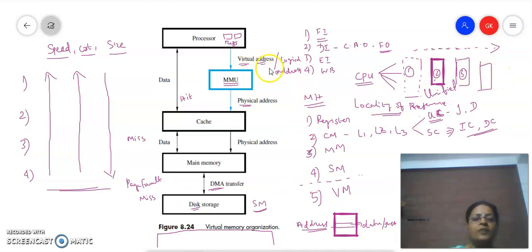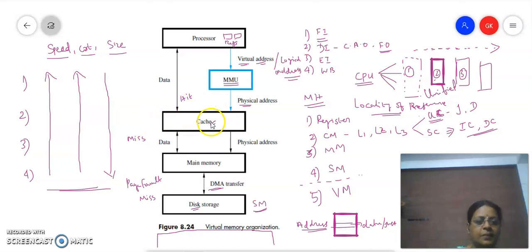So now we are referring to two concepts: one is the physical address, another is the logical address. As a user, when we write the program, we refer to the logical address because we don't know in which memory it is going to be loaded, and in which location of that memory. Now when the CPU executes information from the cache memory, the reference address will be different.